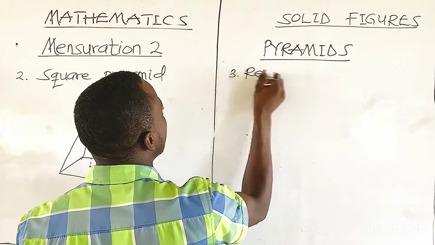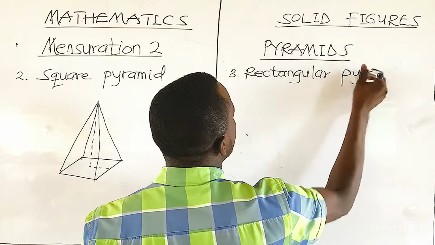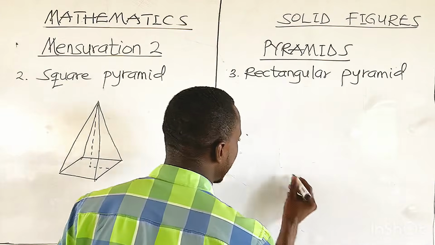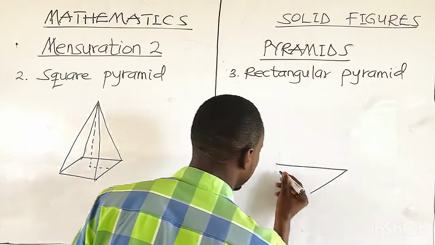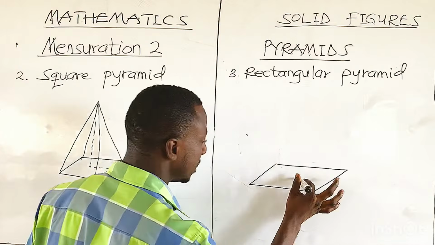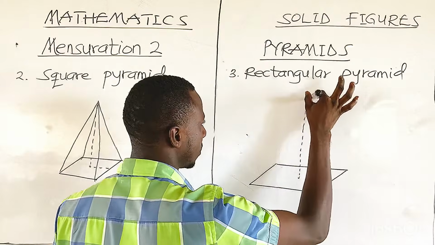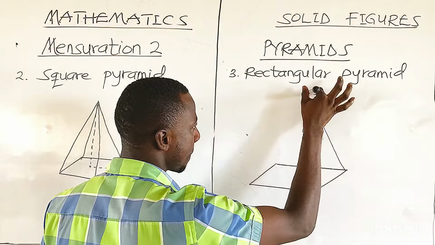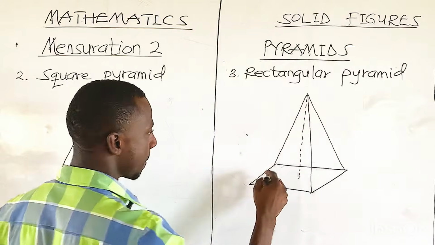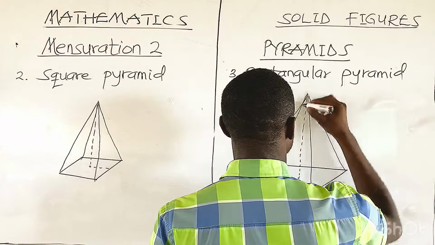The rectangular pyramid also looks like this, where we have a rectangular base, then this is its height. All right.